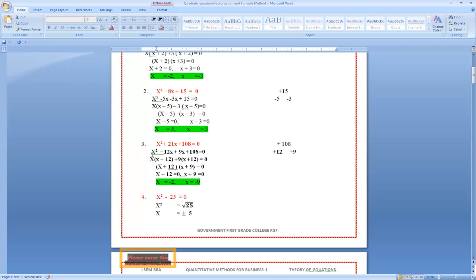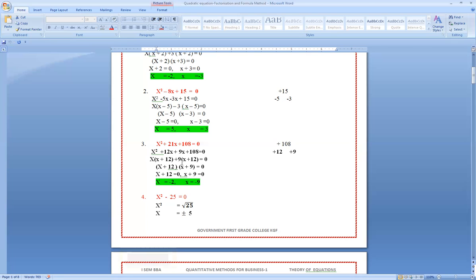Now we are going to write the equation by splitting the 21x into the factors we have considered for 108, 12 and 9. X square plus 12x plus 9x plus 108 equals 0. Now we have to take common factors for x square plus 12x, another one is 9x plus 108. So x is a common, the value remaining in the bracket becomes x plus 12.